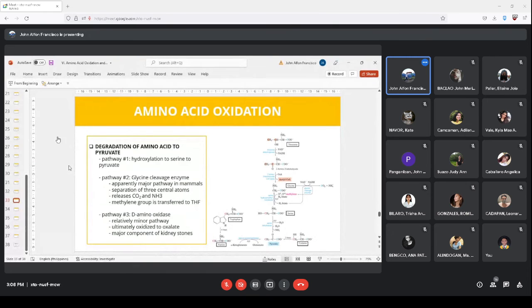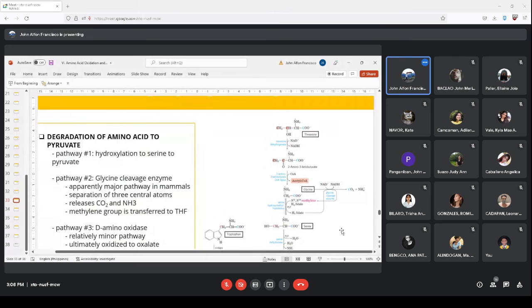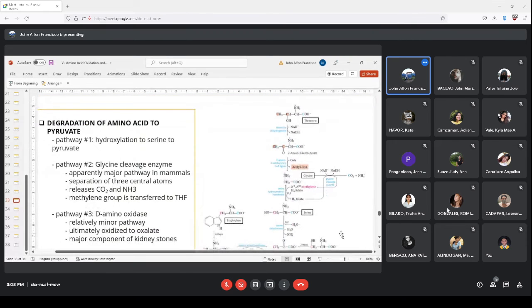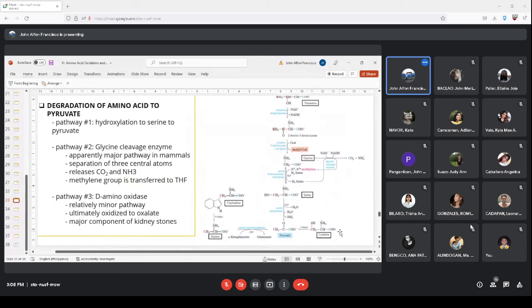Degradation of amino acid to pyruvate. This is an example for threonine, glycine, serine, tryptophan, cysteine, and alanine.